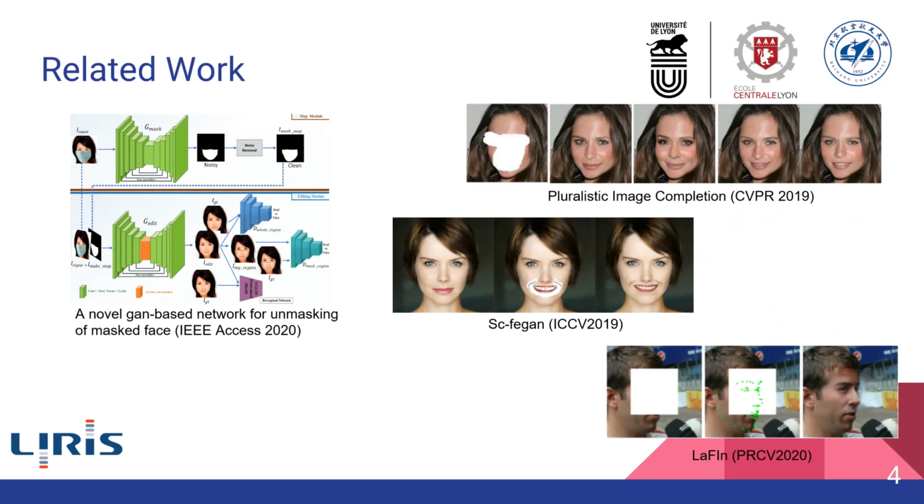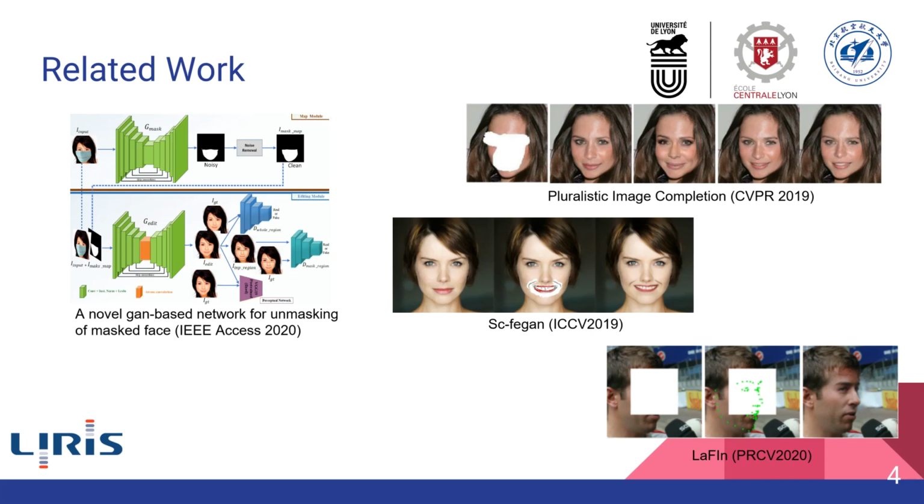The method closest to ours is this one, where we both focus on the problem of face mask removal and divide it into mask segmentation and face inpainting. However, they can only generate deterministic results. Some variational autoencoder-based methods can also produce non-deterministic outputs by sampling the latent code from predicted distributions.